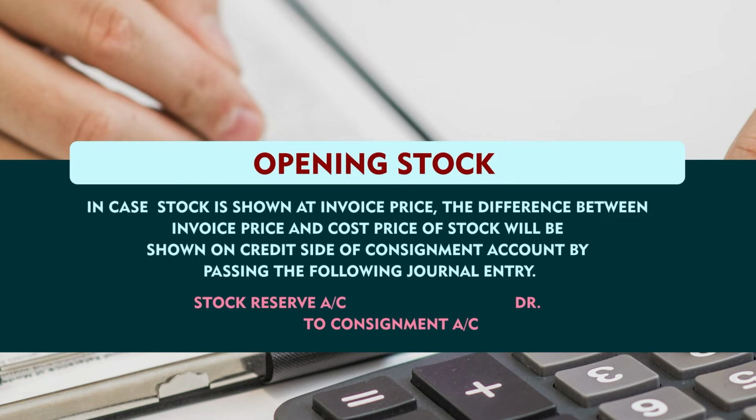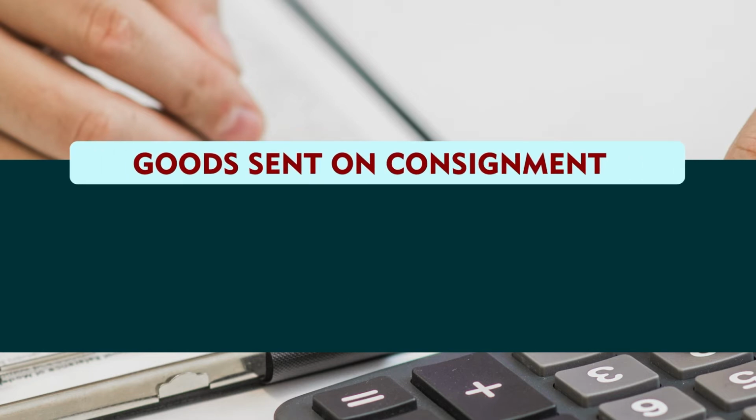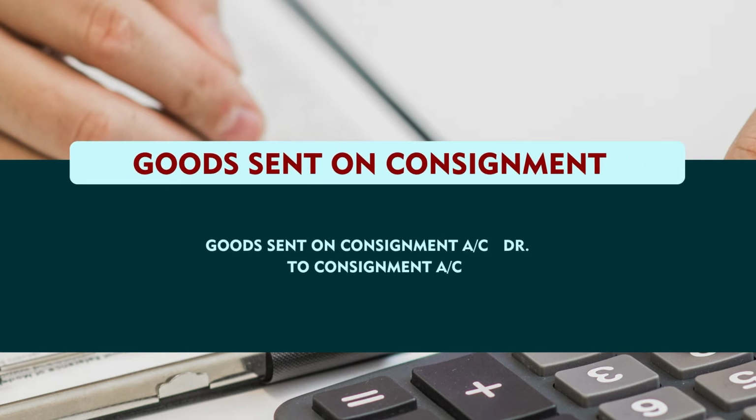Likewise, the closing stock is always shown on the credit side of the consignment account. So, any loading involved in the closing stock will be reflected on the debit side of the consignment account. Goods sent on consignment is always shown on the debit side. Therefore, any amount of loading involved in the goods sent on consignment will be reflected on the credit side.